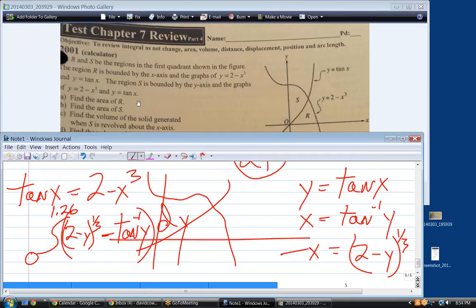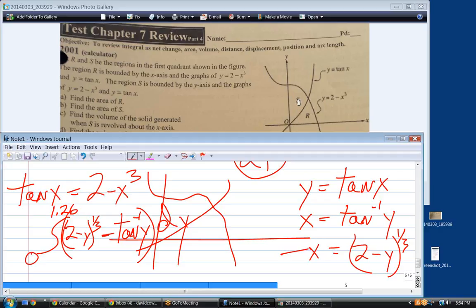So that's the area of R. Finding the area of S. How are we going to do it? For S, we're going to do the integral in terms of x. Yeah. We'll integrate it with vertical rectangles, because top minus bottom.